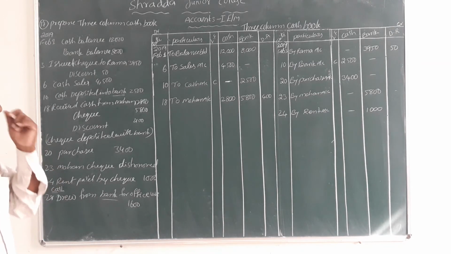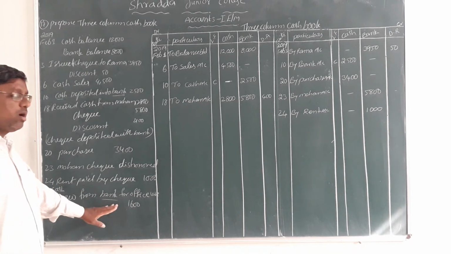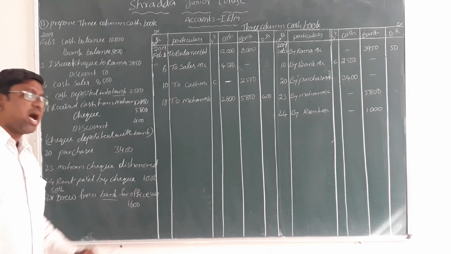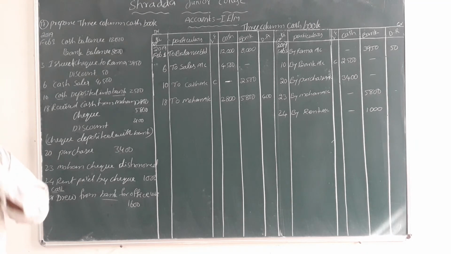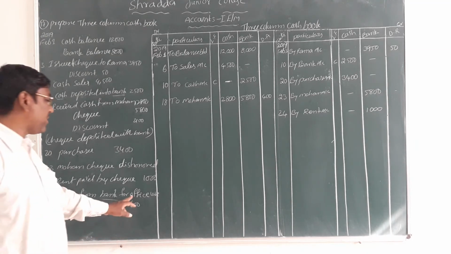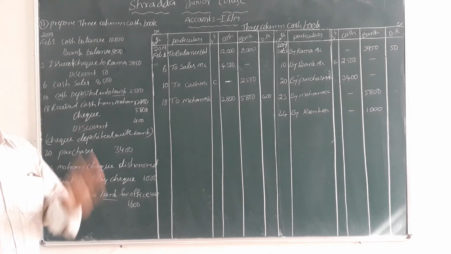Okay now. That's why what we take here? Contra entry. Why? Because both your cash and bank are there. For example, if office is not given and personal use is given, we record only on the credit side. But here the office use is clearly mentioned. That's why we take a contra entry.